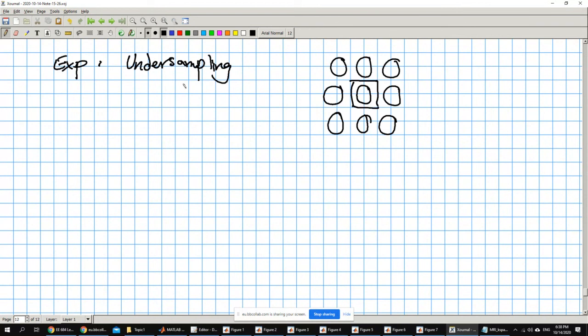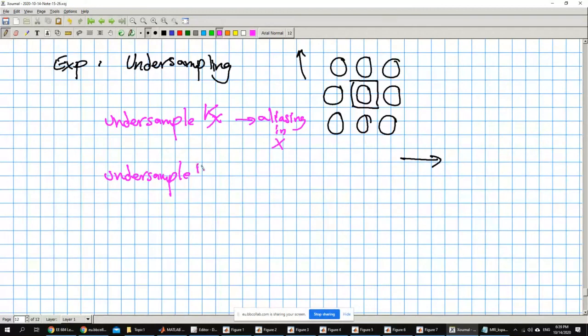So when I have aliasing in this direction, first of all, we're going to have aliasing in this direction, or X. If I undersample Kx, I expect aliasing in X. I undersample in Ky, I expect aliasing in Y. When I have both, I'll have aliasing in both.